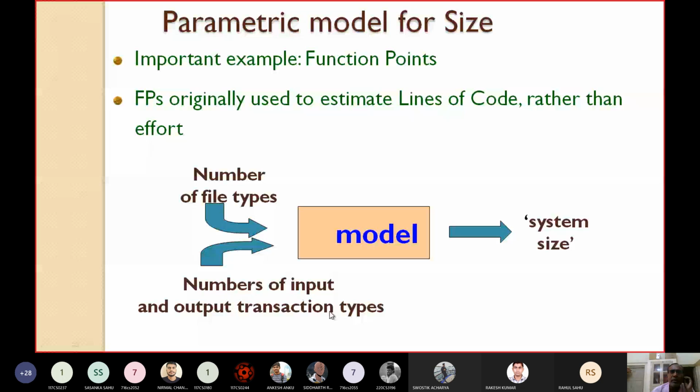When the model was originally proposed, it was used to estimate the LOC rather than the effort. It took the number of file types, the number of input transaction types and the number of output transaction types. Then, by using some mathematical equation, it predicted the system size.